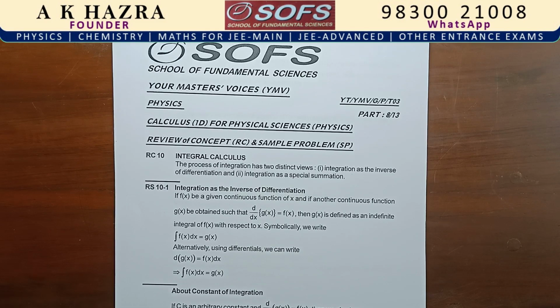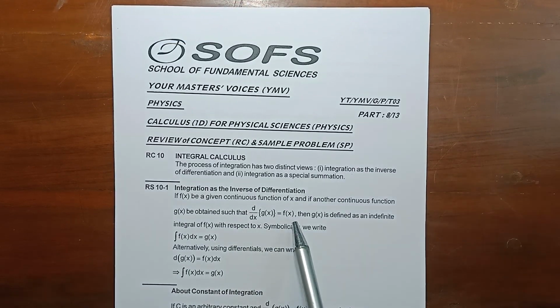Now if we have a function f(x) and another function g(x) such that d/dx of g(x) equals f(x), then you see integration of f(x) dx equals g(x) by definition. Yes, you see d/dx of g(x) equals f(x).